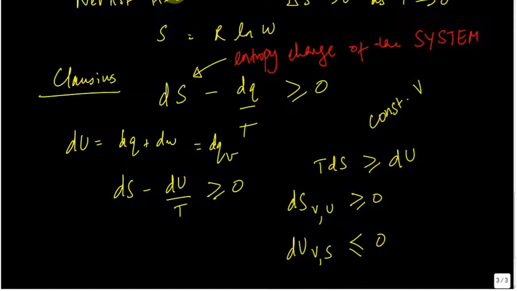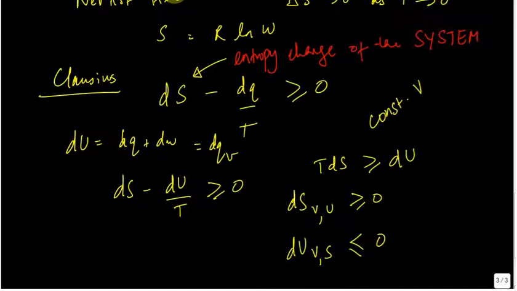Not of the surroundings. So the first one, what you see, says that, well, you keep the volume constant, you keep the internal energy constant, which means the heat is not supplied across. So it's an isolated system kind of thing. The change in entropy is greater, but that's the statement of the second law. The change in entropy for an isolated system always increases, does not decrease, whatever.